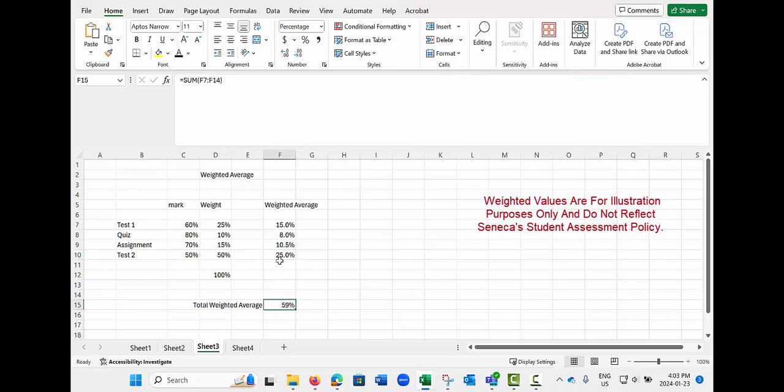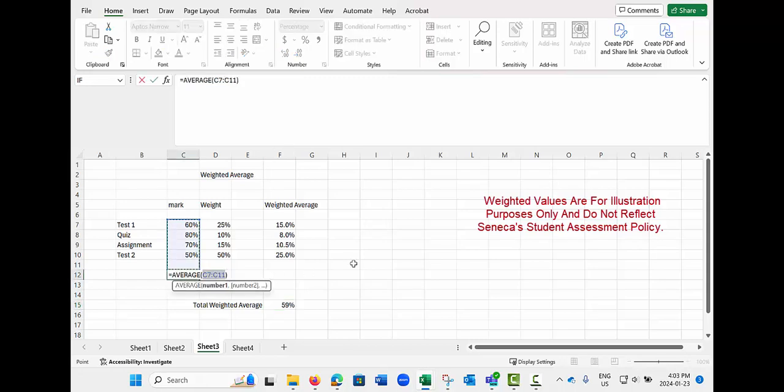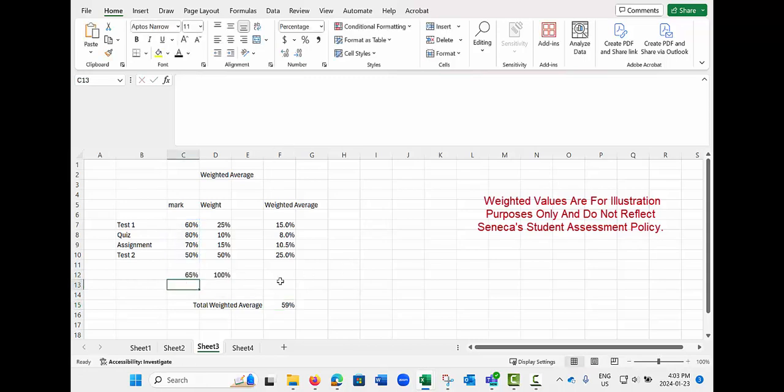And when we add all of the weighted averages up together, we get 59%. Now, if these were weighted equally, our average would have been 65. But test 2, for example, that's weighted heavily, brought the average down.